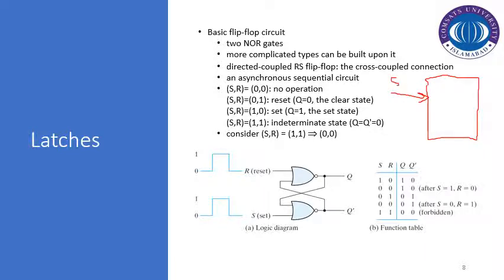The first is S, the input responsible for setting the latch in the set state. We will discuss what the set state and the reset state are after discussing this block diagram. So the first input is S, and the second input is R.